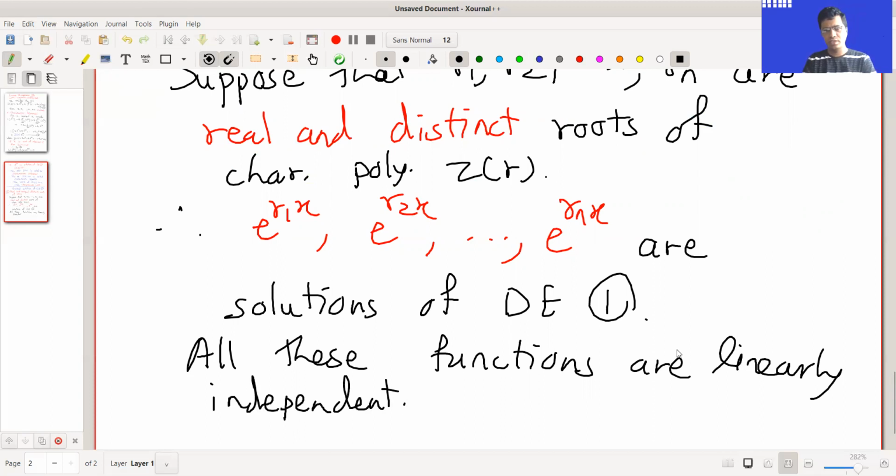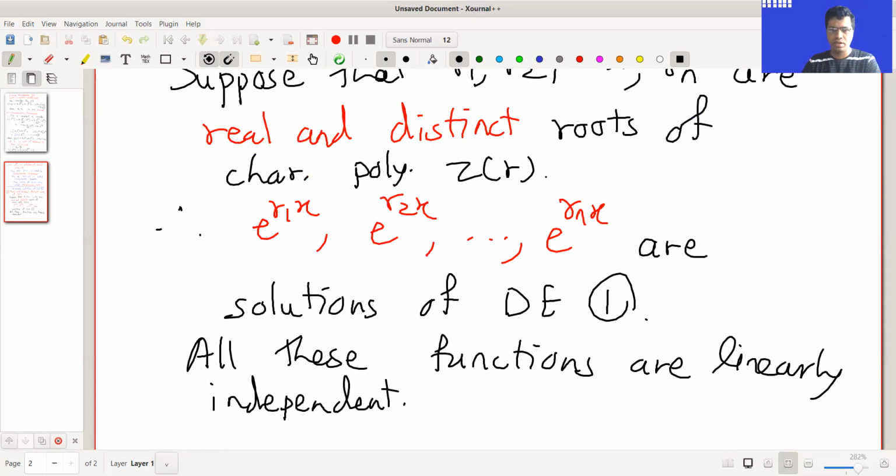It can be seen easily. You can take e raised to rj x and e raised to rk x, where j is not the same as k, and find the Wronskian of these two functions. You can find that the Wronskian is non-zero because rj is different from rk. It is an easy exercise: verify that any two such functions are linearly independent.